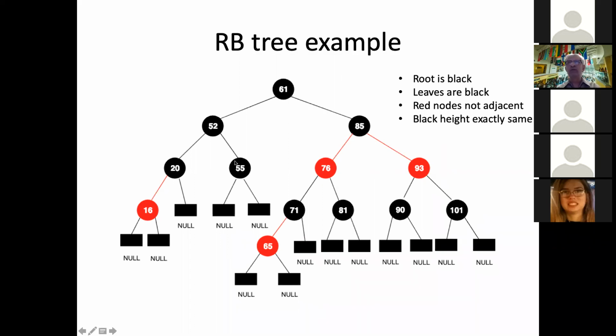You clear about this? Yeah. The problem then is that the ranges will change. Here, the range for 20 was 16 through 20, whereas once it moves up, the range there is going to be 16 through 55 because it's the root of that subtree, right? So the range needs to be changed when you do the rotation.